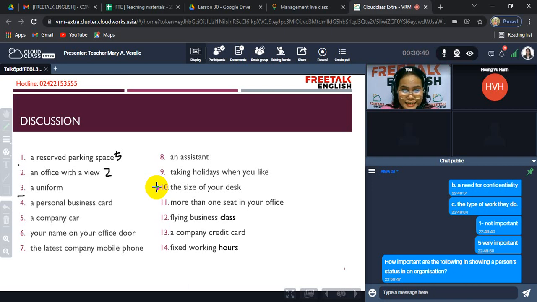Yeah. Okay, so that's your opinion that it's not really important. So is it two or one? I think it's two. Okay, two. Actually, your answer is correct. But the only advantage of having a uniform is in order for the company to be recognized, that's the style or the color of the uniform, the name of the company.